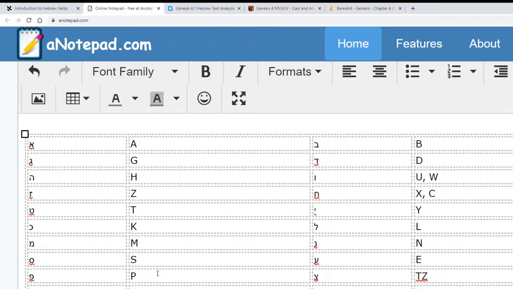Pe, fe, so P or F, it's up to you. Tzadi, some people just use the Z. The TZ gets kind of weird. It is a TZ sound, and you don't want to confuse it with the Zion, but you also don't want to confuse it with the T sounds of tet and tav.